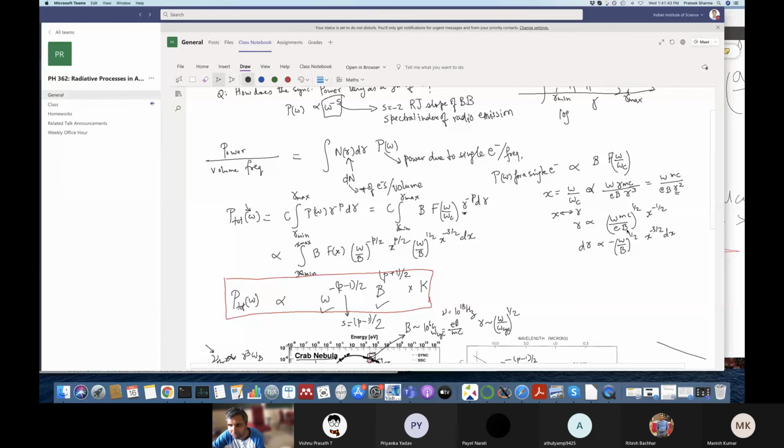So gamma is proportional to B to the minus a half, which is fine. And this is gamma to the minus p, so B to the minus p by 2. Oh yeah, so this is minus p by 2, right? Gamma to the minus p, with gamma going as B to the minus half, this becomes plus half, right?